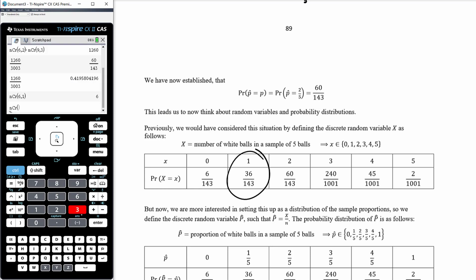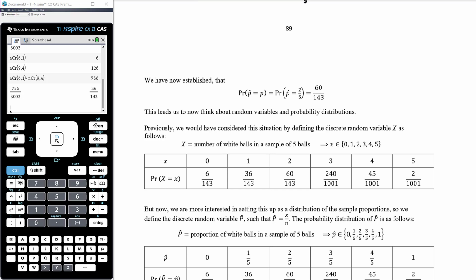From the remaining 9 black balls we want to choose 4, so that we have a sample of 5. There's 126 ways of doing that. So the number of ways of choosing 1 white ball and 4 black balls is 756, and therefore as a probability it's 756 out of those 3003 possible selections, 36 out of 143. That's how we've calculated all those values in that table.